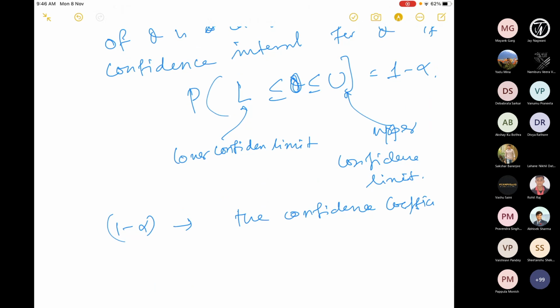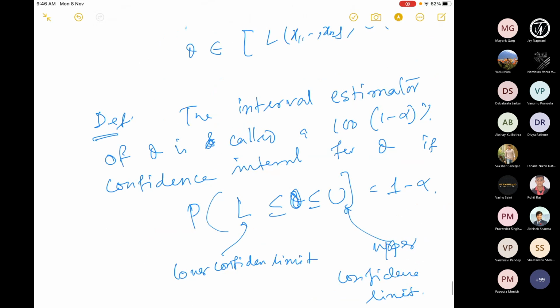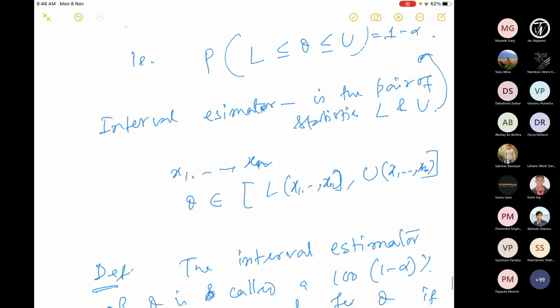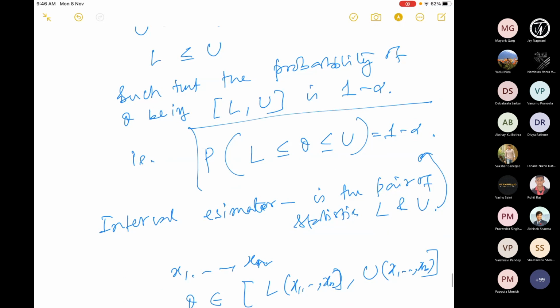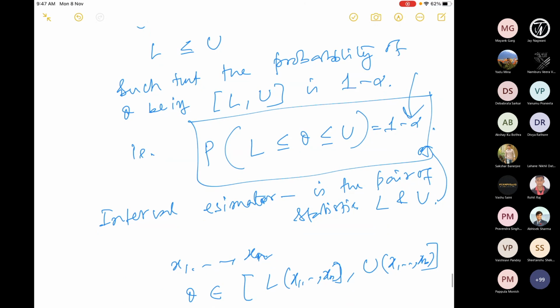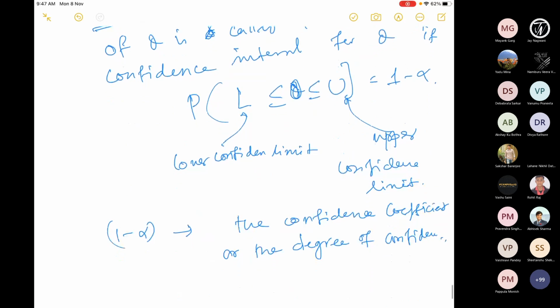or the degree of confidence. Note that this has to be probability 1 minus alpha. So 1 minus alpha is called the degree of confidence.